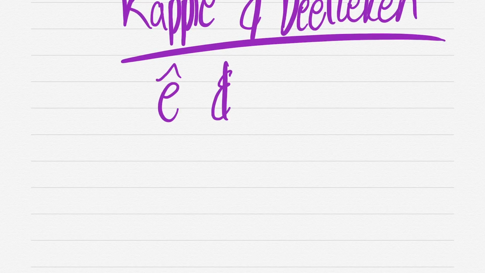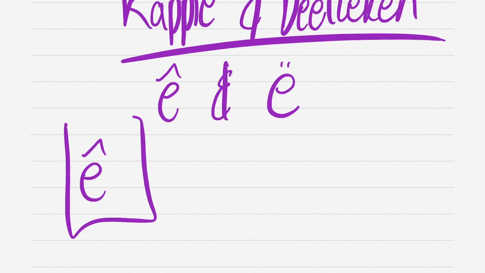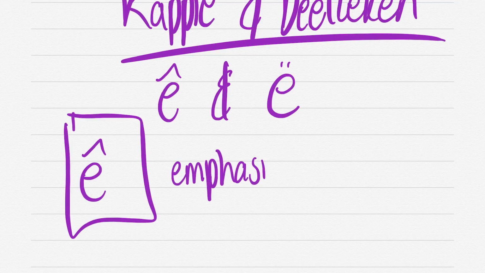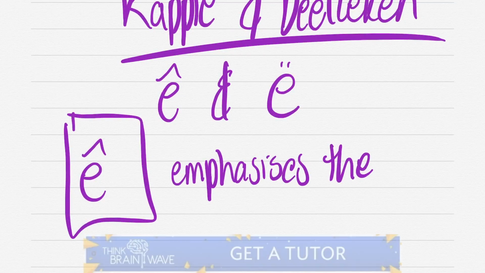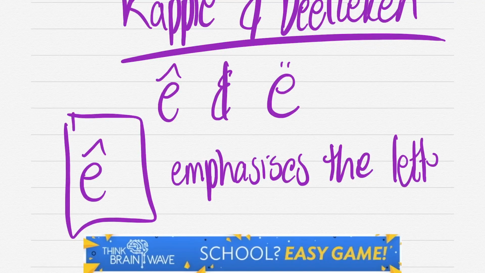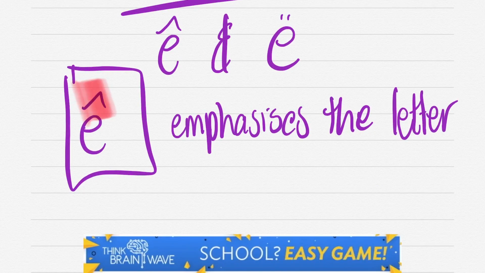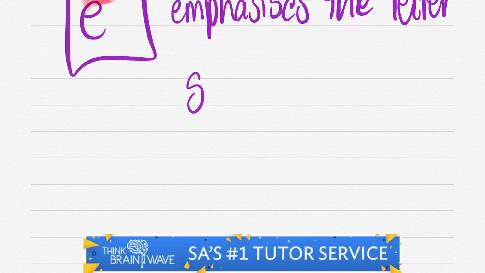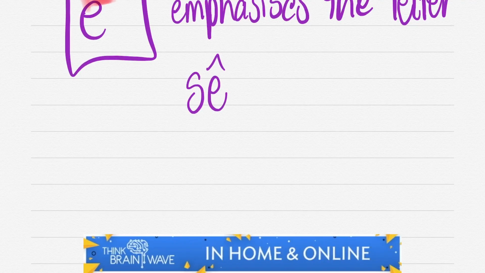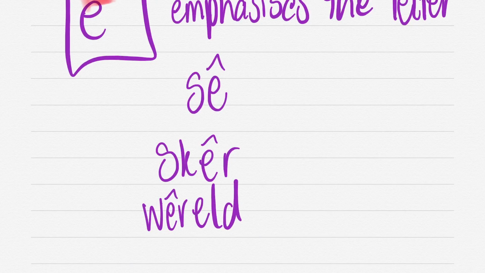Let's talk about the kappie and the deelteken. As you probably saw in the previous video, we had the kappie and the deelteken, but we'll now elaborate on that from a klanke point of view. So the e with a kappie emphasizes the letter. If you say se, sker, as a kind of sound, you get wêreld.